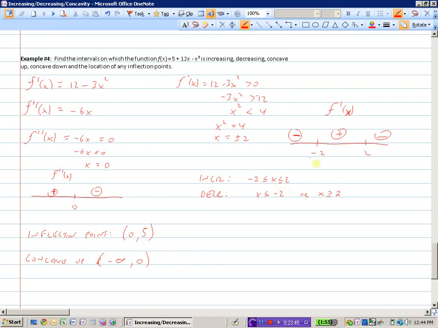By definition, for concavity, we will not include the inflection point as a place where it's concave up, and concave down where it's negative. And if we wanted to use the inequality symbols, concave up, x values less than 0, concave down, x values greater than 0.